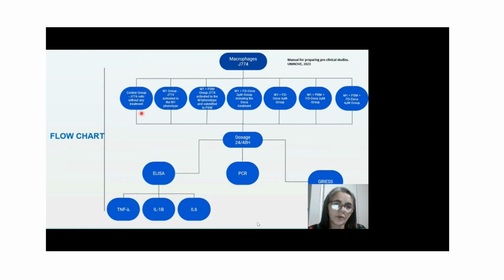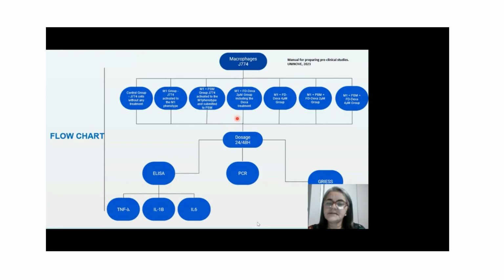Control group: J774 cells without any treatment. M1 group: J774 activated to the M1 phenotype. M1 plus PBM group: J774 activated to the M1 phenotype and submitted to PBM.